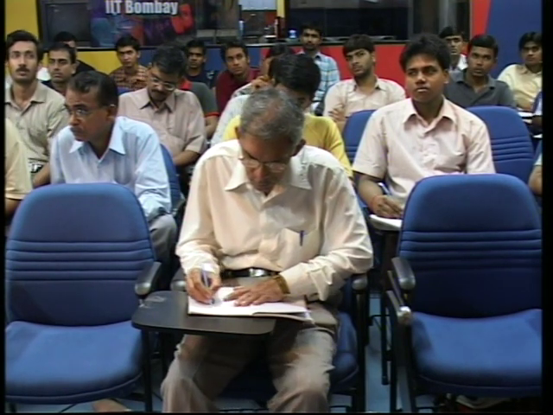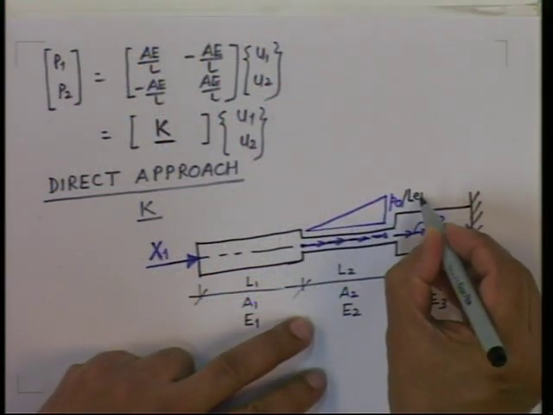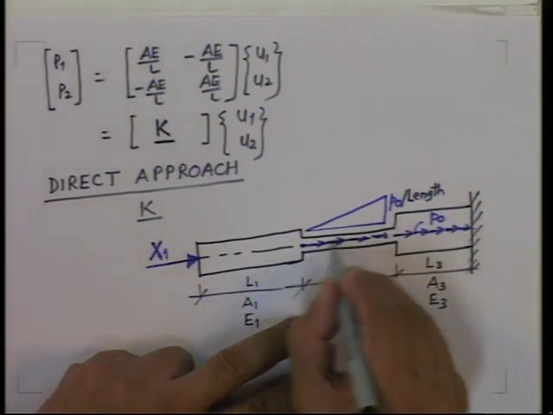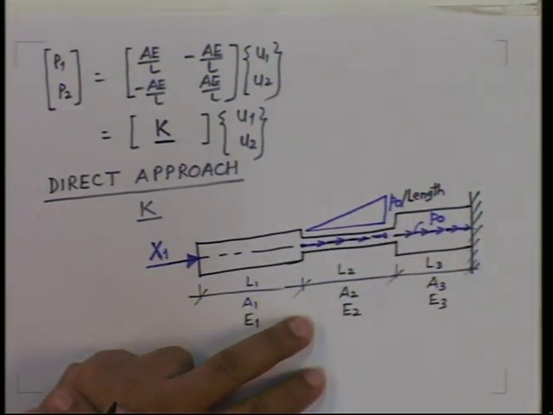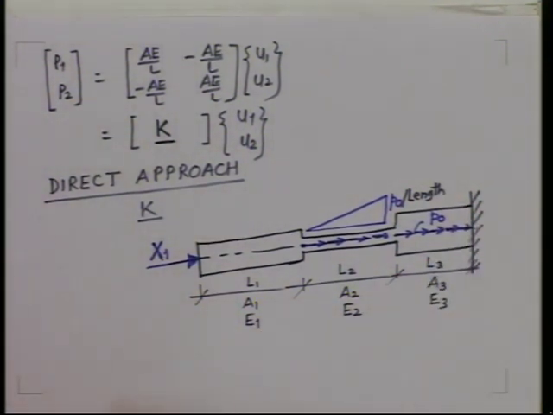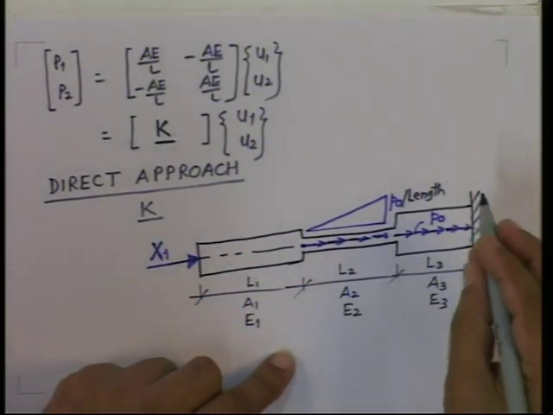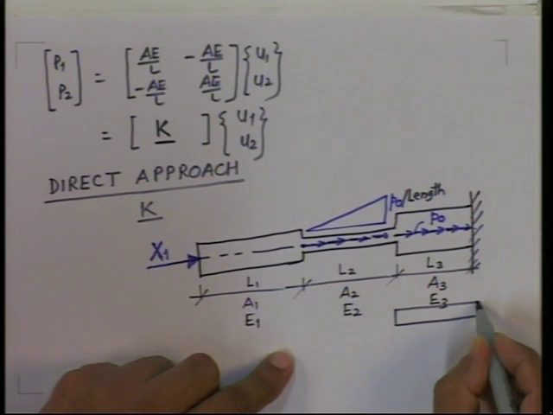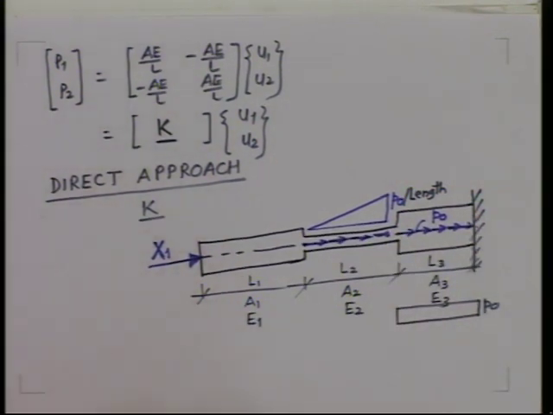This is again per unit length. The dimension of this is per unit length. P naught also is per unit length, but this is constant. The variation is P naught in this portion. P naught is like this. There is no change.